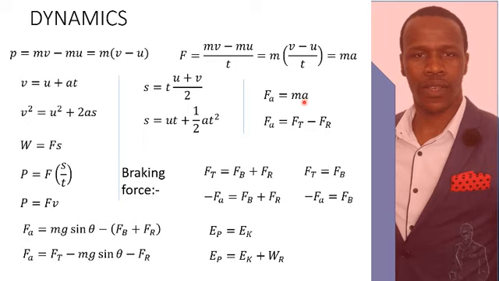Then this one is definitely Newton's third law, because forces on the one side should equal the forces on the opposite side. That is what we have under that section.